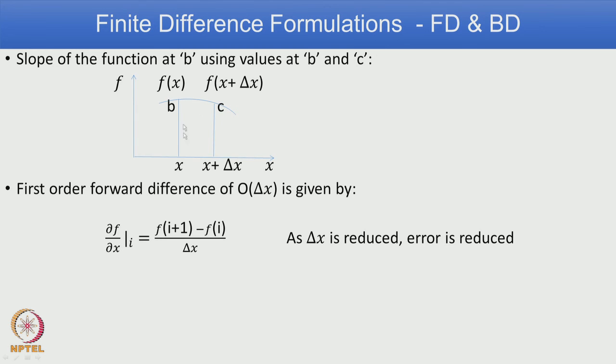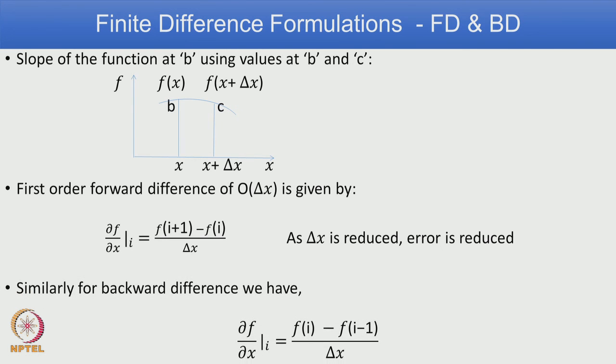And you can observe that as you decrease the delta x, c becomes closer and closer and you get a better approximation of the first derivative. You can follow a similar procedure to get what is known as the backward difference formula for the first derivative, and that is shown here as f of I minus f of I minus 1 by delta x. So, this is forward difference and this is backward difference.